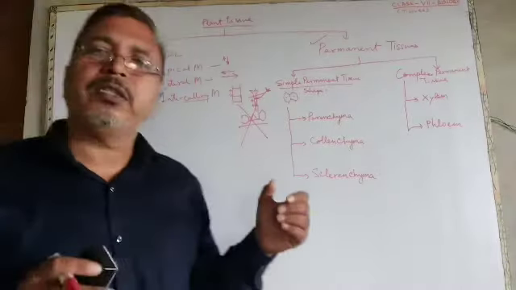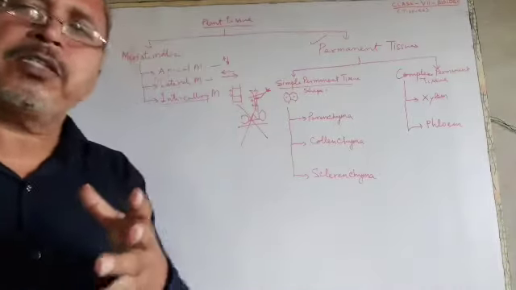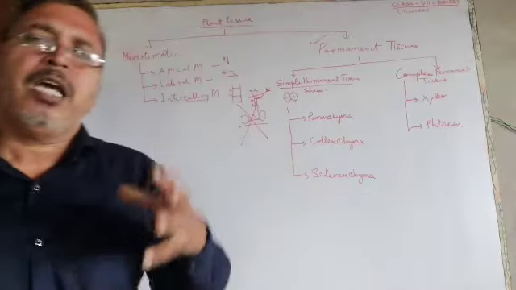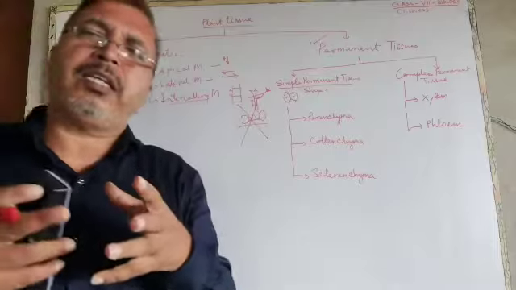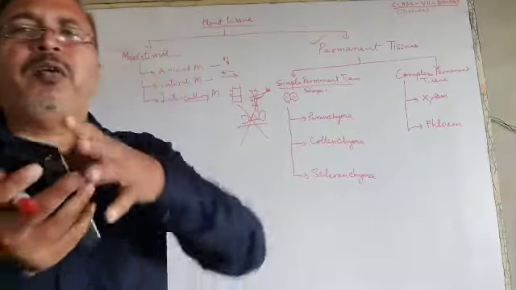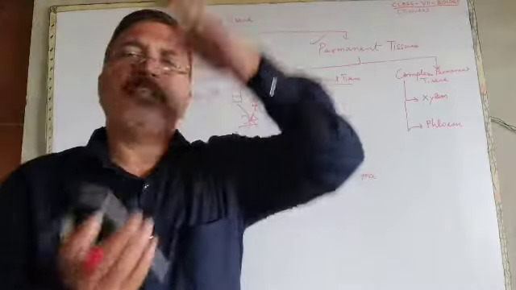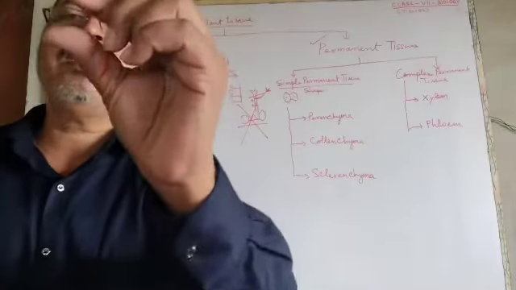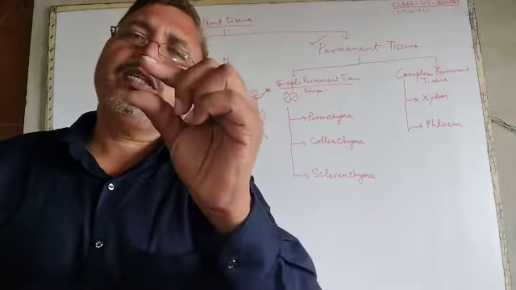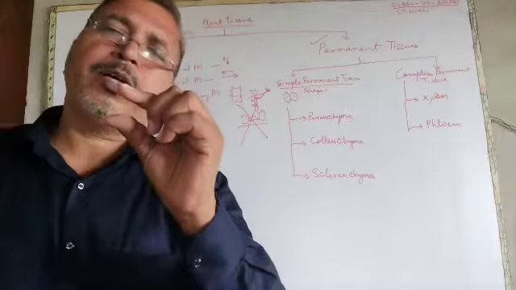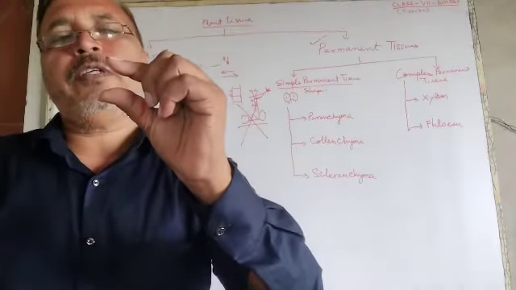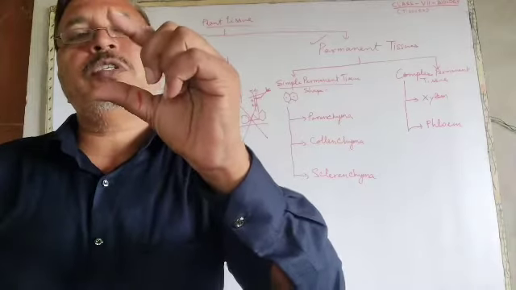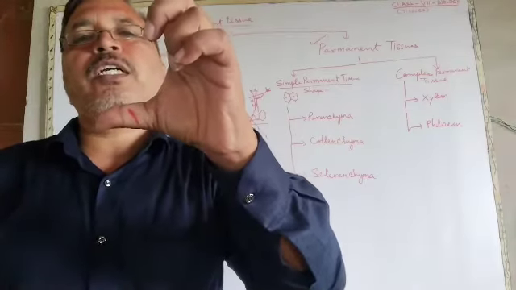And then comes the intercalary meristem. The intercalary meristem is present in between, in the middle, and it causes elongation between the nodes. If you keenly observe a sugarcane plant or a bamboo plant, the nodes are near each other, but after some time the gap between the nodes increases.